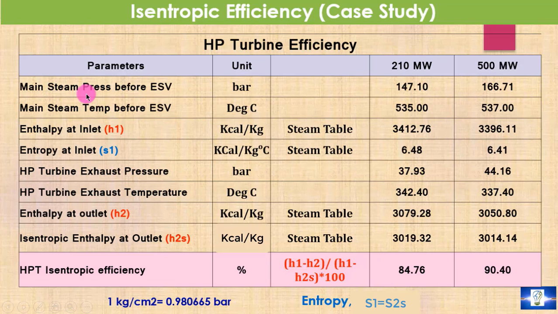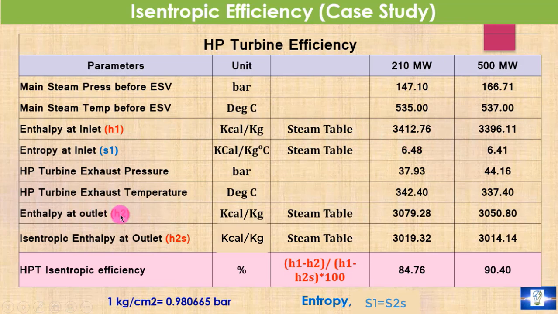the main steam pressure before the emergency stop valve and main steam temperature before the emergency stop valve are 147.10 bar and 535 degrees centigrade. So, from the steam table we can easily calculate the enthalpy, that is 3412.76 kilocalorie per kg, and the entropy is 6.48 kilocalorie per kg degree centigrade.